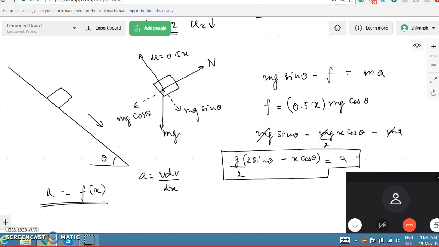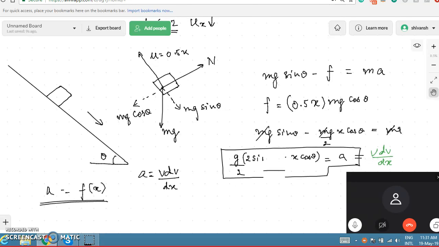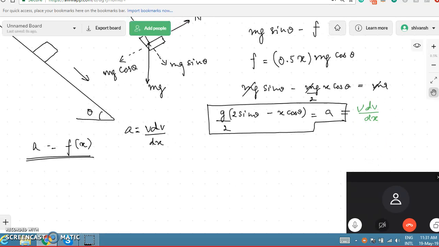So we will just simply write it as v dv by dx. Okay. Now what is required? What is required is that you find out what is the velocity as a function of displacement. You simply integrate it. Then what do we get after integrating it?